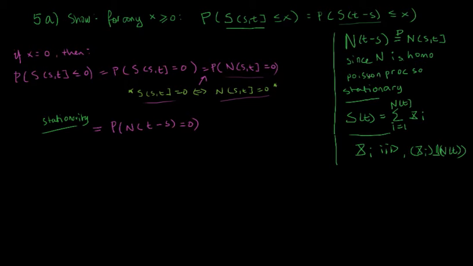Because it's a homogeneous Poisson process, the number of claims from time 0 to t minus s has the same distribution as the number of claims from time s to t.